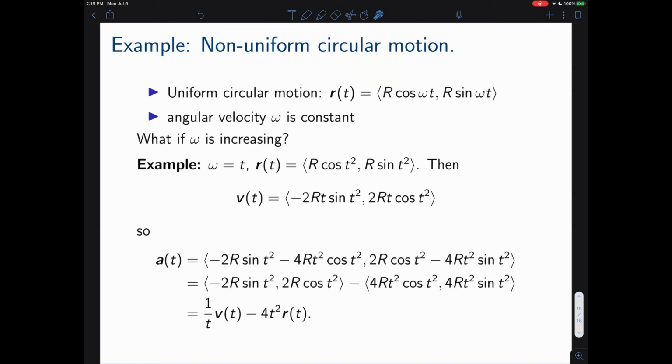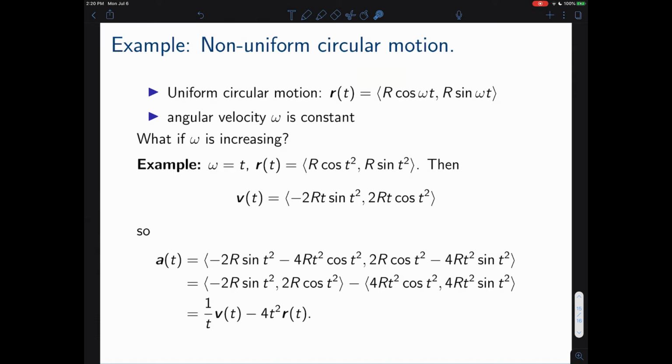So the example that's written here has angular velocity equal to t. So it's increasing when t increases. In that case, omega times t would be t times t. It would just be t squared. So we're going to look at a position function given by cosine of t squared, sine of t squared, with a radius r.